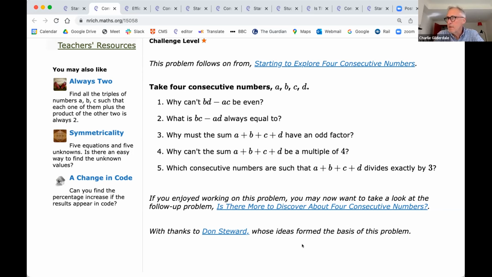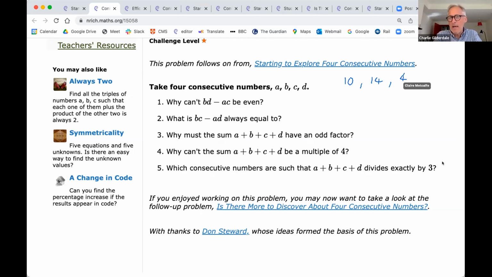Because the suggestion in question 3 is that when you add 4 consecutive numbers, you're going to get an odd factor. So Melanie's got 10, that's got an odd factor, 2 times 5. Jennifer's got 14, which is 2 7s, so that's got an odd factor.